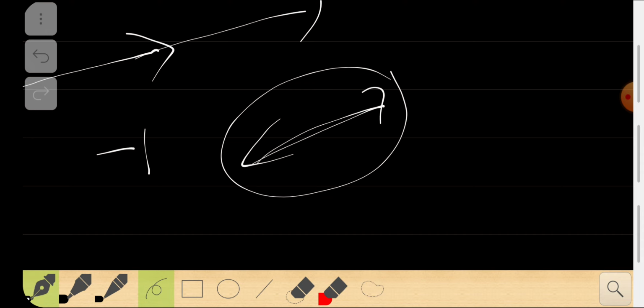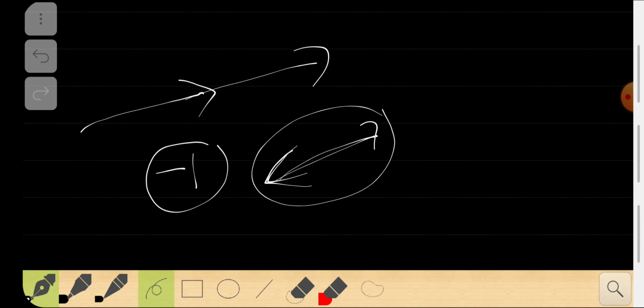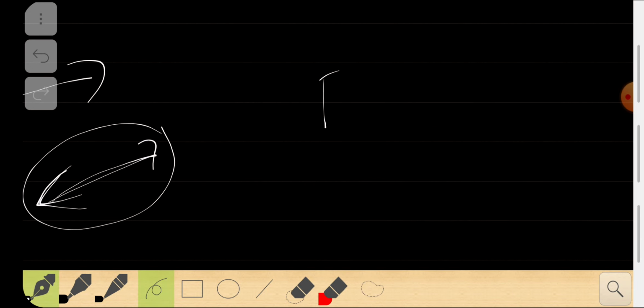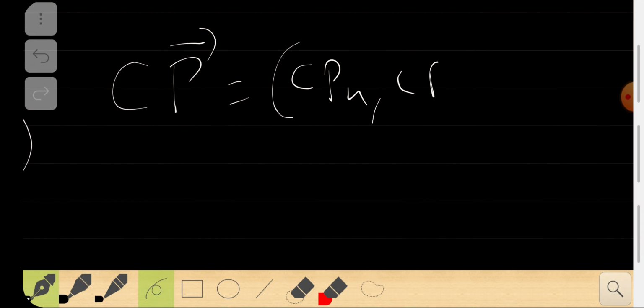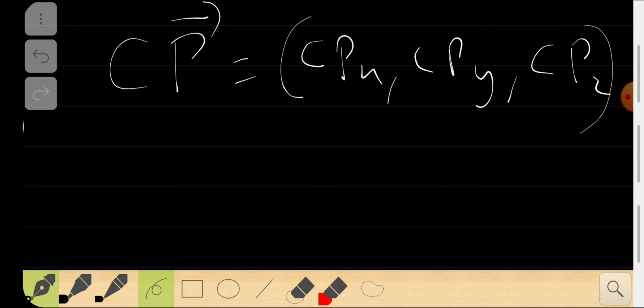It has no direction because the direction is cancelled by the vector having the same magnitude but a different direction. Similarly, if you have a vector p, you can multiply it with c and you get every component multiplied with c. Okay, so that's how vector multiplication works, and we will introduce much more later.